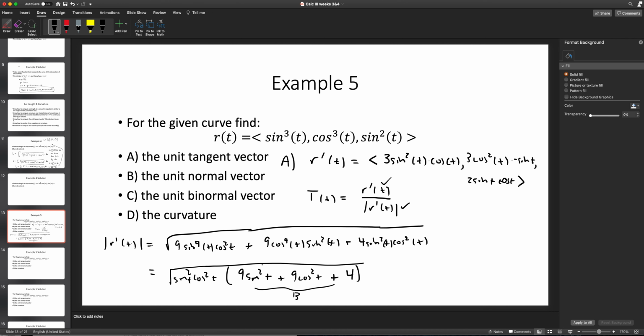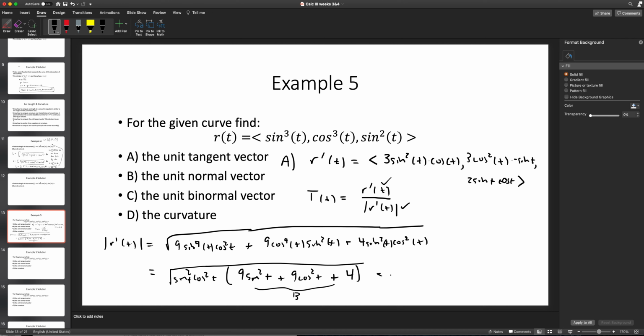When I take the square root, the squares drop out. You have to be a little careful with that, because if you drop this out immediately, the sine and cosine multiplication could become negative depending upon what t is. We'll look at that in just a second.